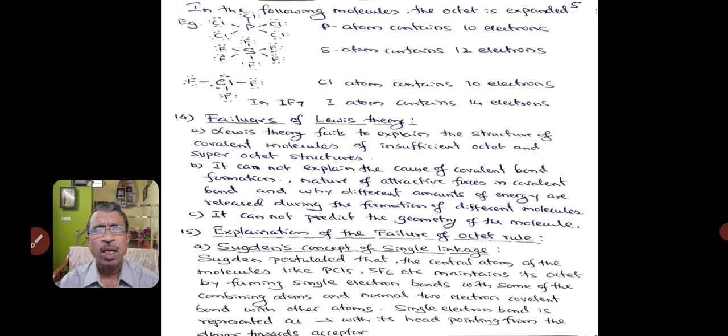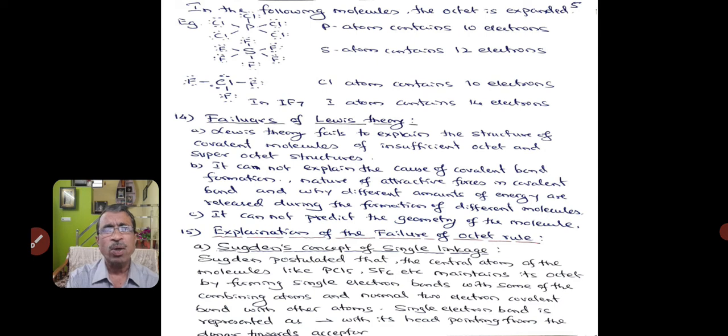If I take chlorine trifluoride, in chlorine trifluoride the chlorine is connected to 3 fluorine atoms through 3 covalent bonds. So 3 into 2 is 6 electrons. Chlorine contains 2 lone pairs of electrons. So therefore it contains 10 electrons.